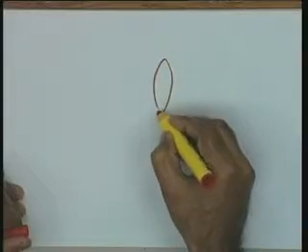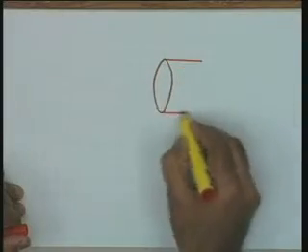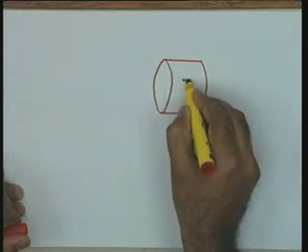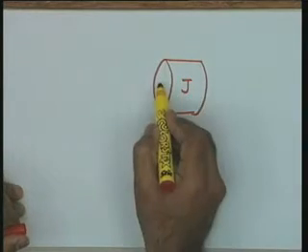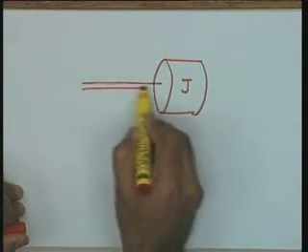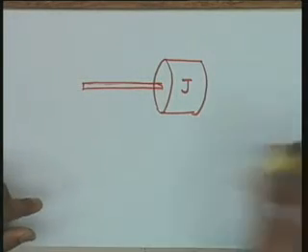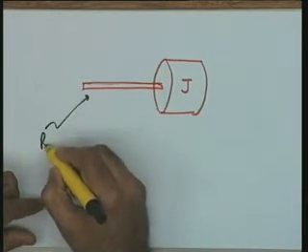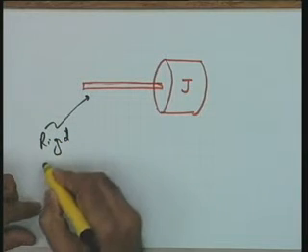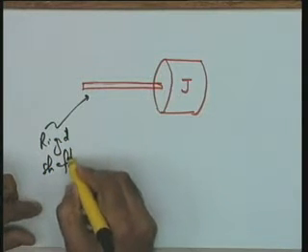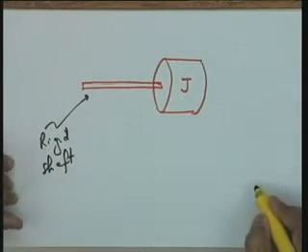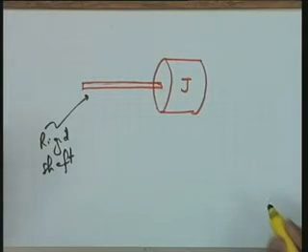An inertial load with moment of inertia J. This I take as a rigid shaft. By rigid shaft I mean that the spring constant for this particular shaft is 0. It is not flexible.